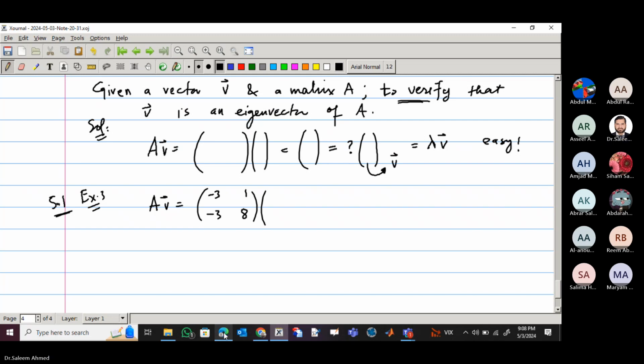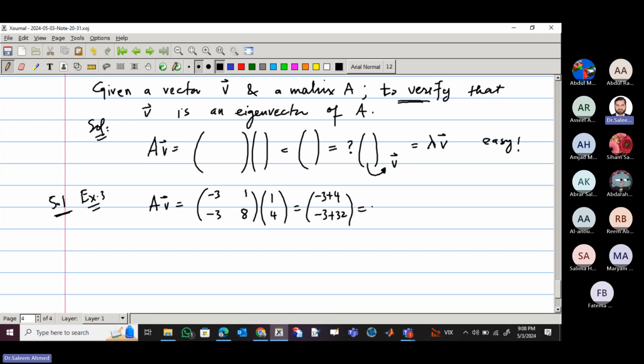The vector was 1, 4. So you can multiply. First row, first column: -3 into 1 is -3, plus 1 into 4, so -3 plus 4. Then second row: -3 plus 32. So this will become 1 and 29.